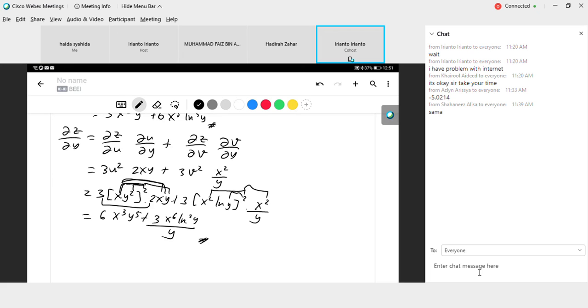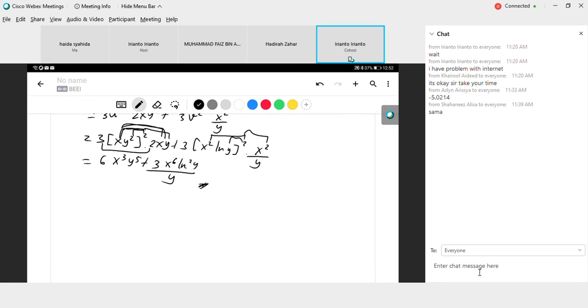X squared multiplied with x, I will get x to the power of 3. I make this kind of line, no problem. In your notes, you make this kind of line, also no problem. Even in your final exam, no problem. As you grow better in mathematics, this line becomes an imaginary line. For me, it's already in my mind. If you want to do it manually, no problem. Do you have any questions so far?